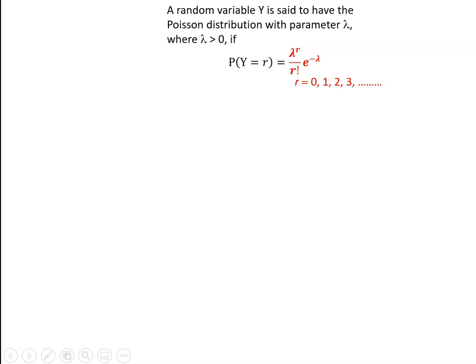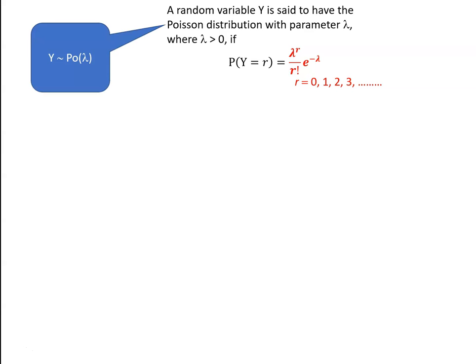So, a random variable y is said to have the Poisson distribution with a parameter lambda, where lambda is a positive number, if the probability that y equals the value r is equal to lambda to the power r divided by r factorial times e to the minus lambda, where r is any non-negative integer. That can be abbreviated to just saying y has the Poisson distribution with parameter lambda.